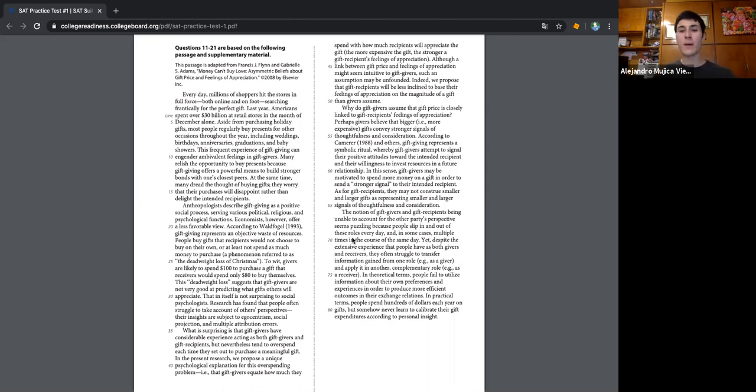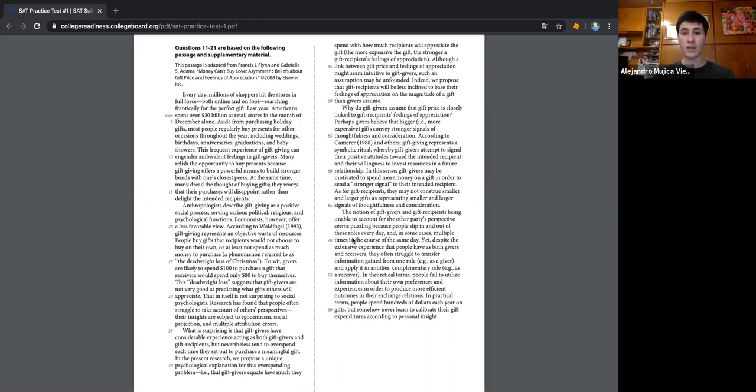Perhaps givers believe that bigger, i.e. more expensive, gifts convey stronger signals of thoughtfulness and consideration. According to Kammerer, 1988, and others, gift giving represents a symbolic ritual whereby gift givers attempt to signal their positive attitudes towards the intended recipient and their willingness to invest resources in a future relationship. In this sense, gift givers may be motivated to spend more money on a gift in order to send a stronger signal to their intended recipient.